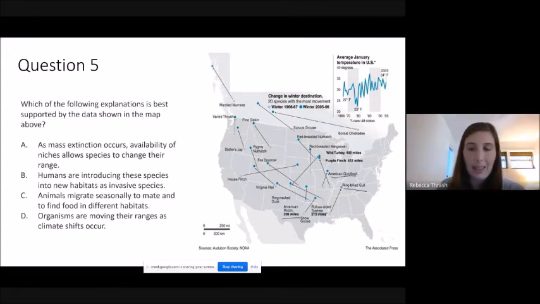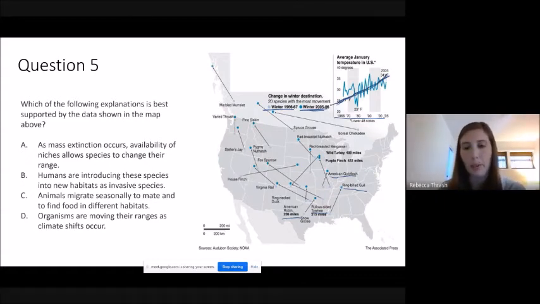By the key, I see that we are looking at where they were in the winter a few decades ago, and then where they are in the winter more recently. I'm also given information on temperature changes in January as an average, and I can see in general that the trend is the averages are slightly increasing.